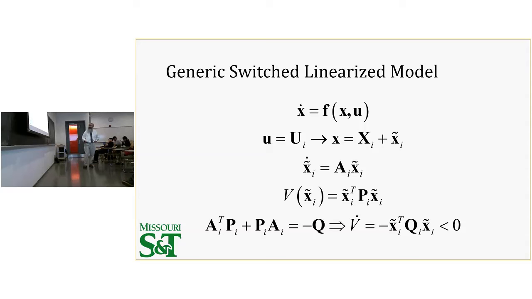For linear dynamics, we can find a Lyapunov function of this form, as long as P satisfies this relationship. If P is a positive definite symmetric matrix and Q is a positive definite symmetric matrix, and they satisfy this relationship, then here's our derivative of V. That's for each of the modes.